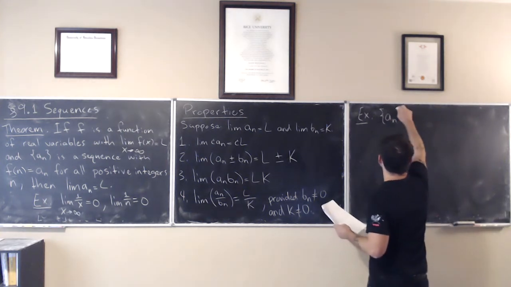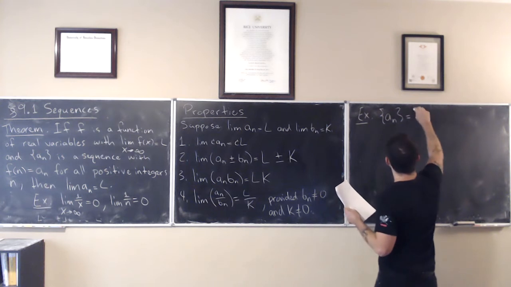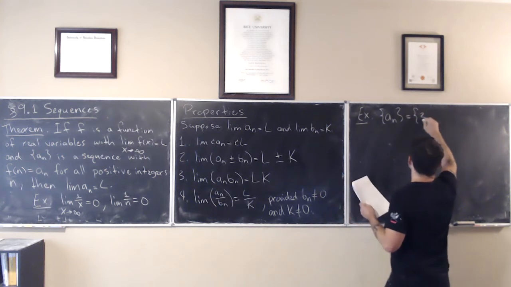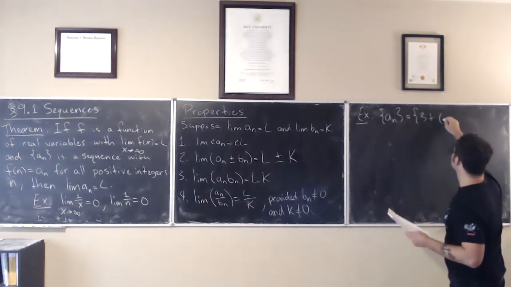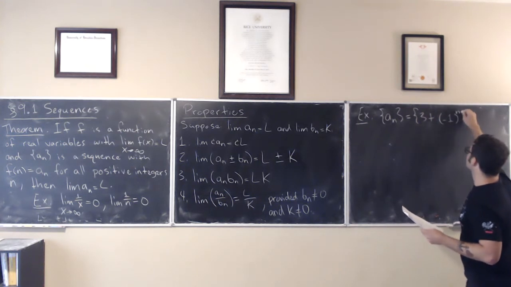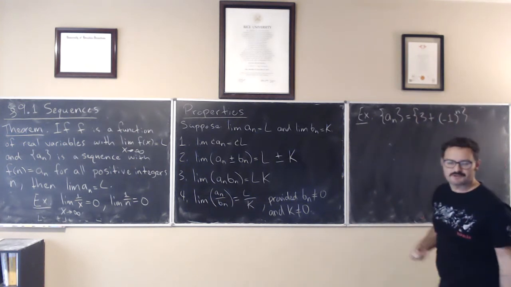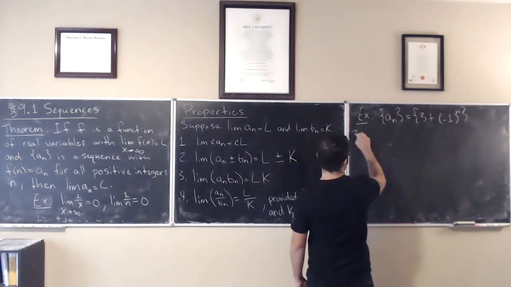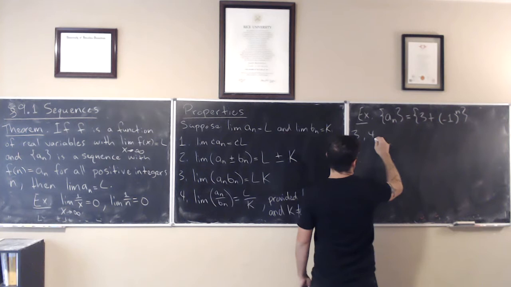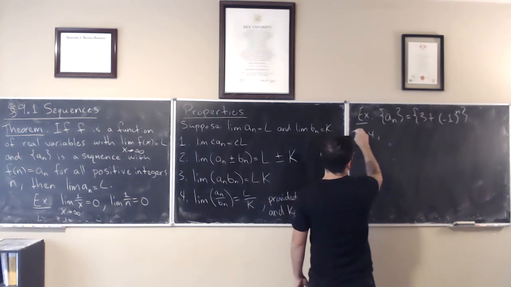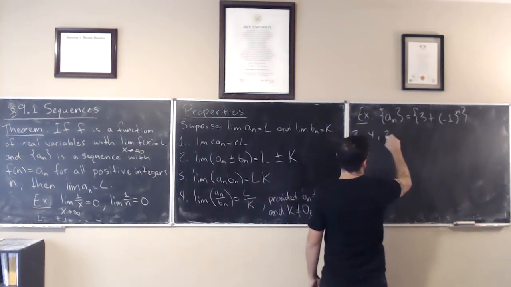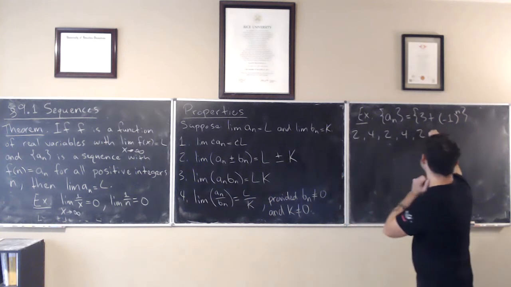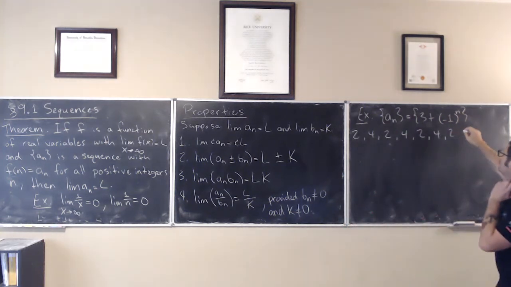So sequence a sub n equals 3 plus minus 1 to the power n. Oh, that's the sequence that we started with at the beginning of class. So we already know what this looks like. It looks like 2, 4, 2, 4, right?